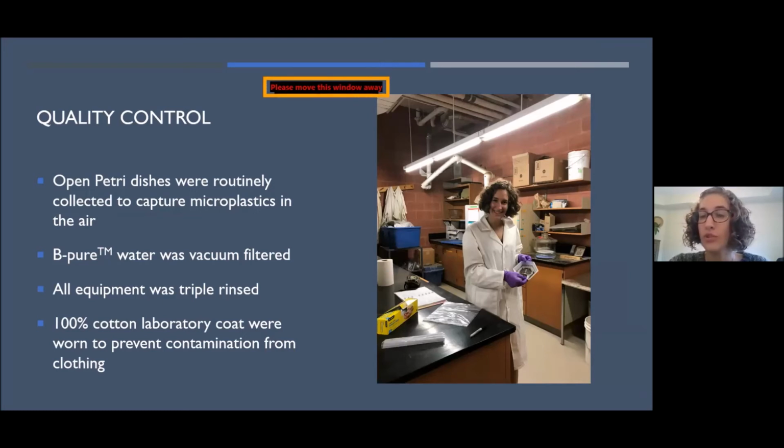All equipment was triple rinsed prior to use and covered in aluminum foil when not in use, in order to prevent contamination from microplastics that may be present in the air. Lastly, clothing contains plastic such as polyester or nylon, so to prevent any contamination from clothing I was wearing, a cotton laboratory coat was worn for all laboratory processes.